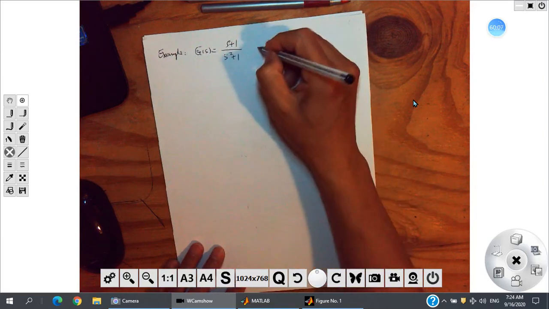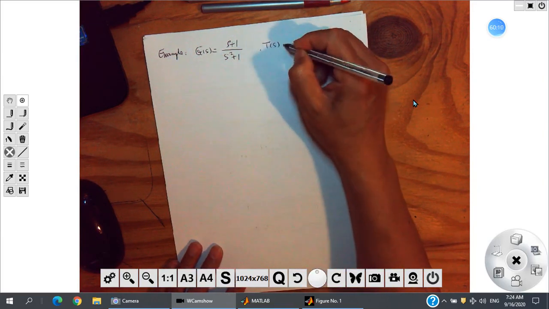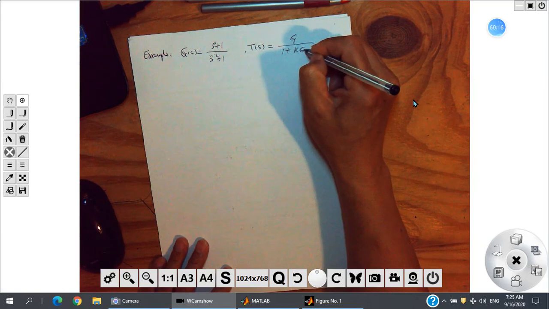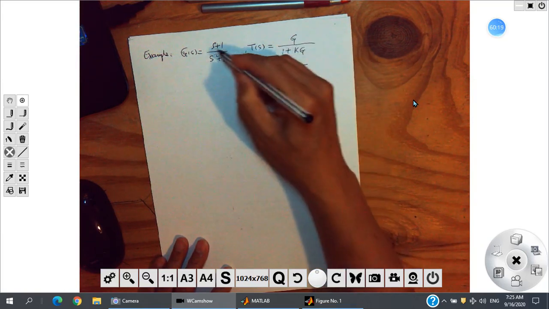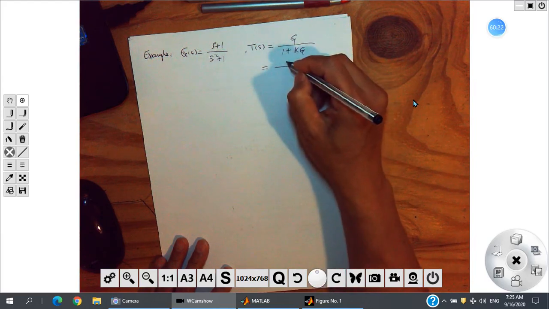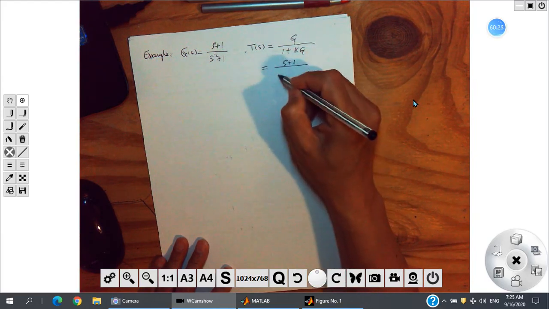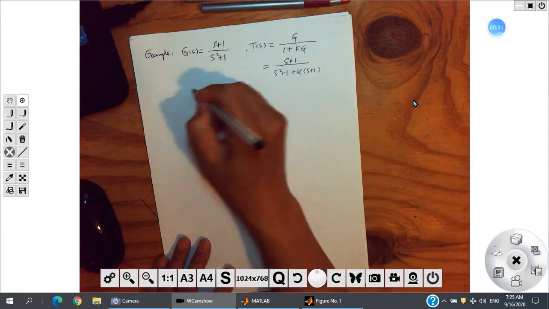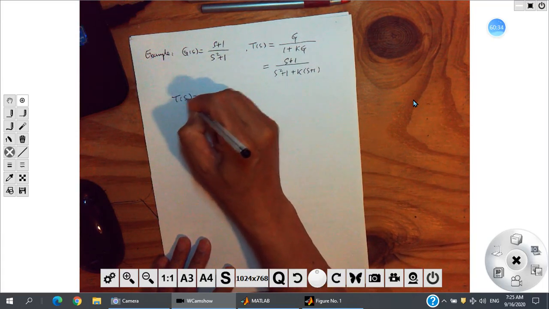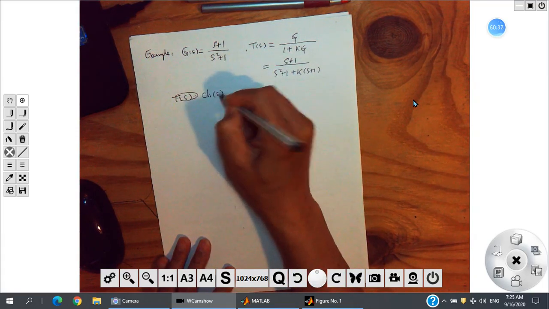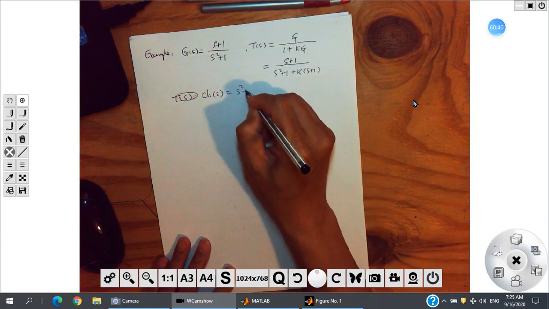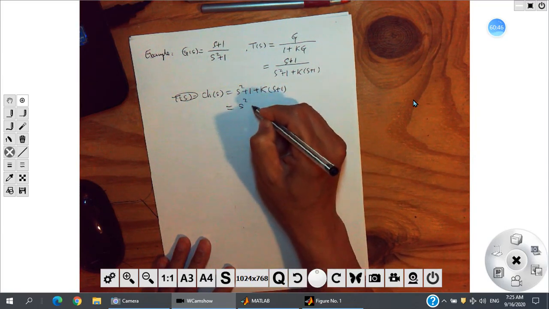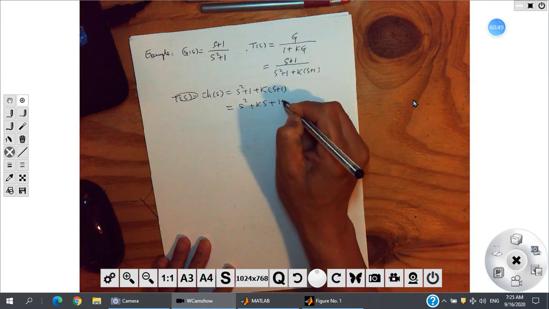Then T of s, the whole transfer function of the feedback system, is G over 1 plus KG, which is s plus 1 in the numerator over s squared plus 1 plus K times s plus 1. The characteristic polynomial is s squared plus Ks plus 1 plus K.